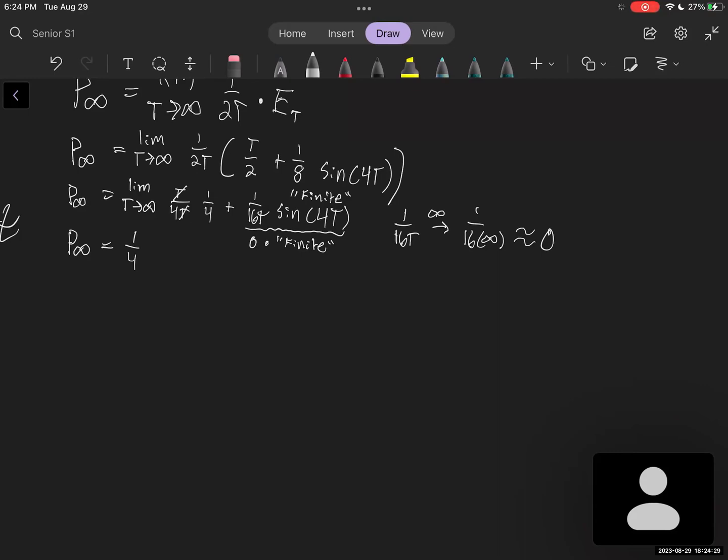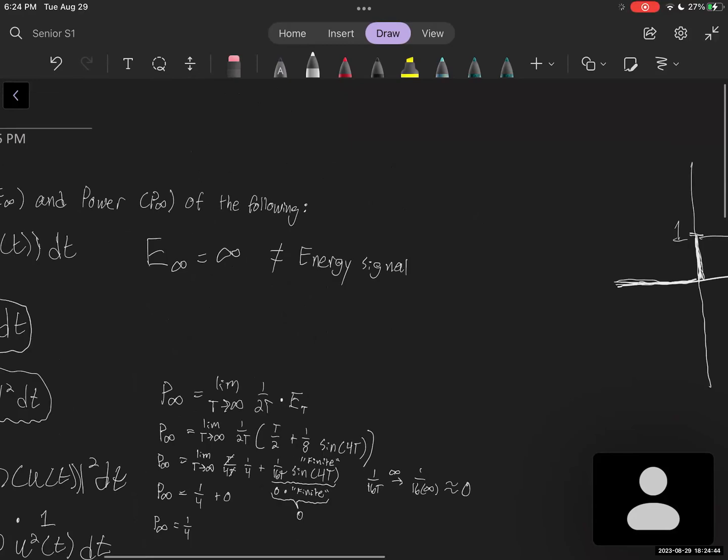So we can consider this to be a 0 term. So we get 1/4 plus 0, and our power is finite, equal to 1/4. Now we can come up here, power equal to 1/4, which means that this is a power signal.